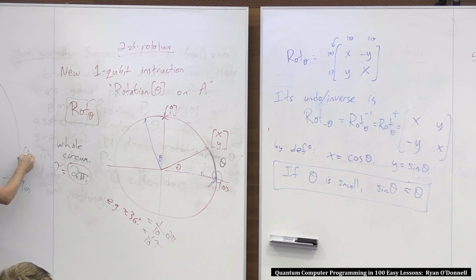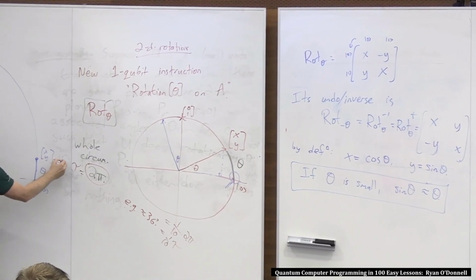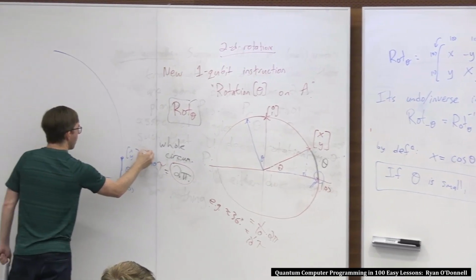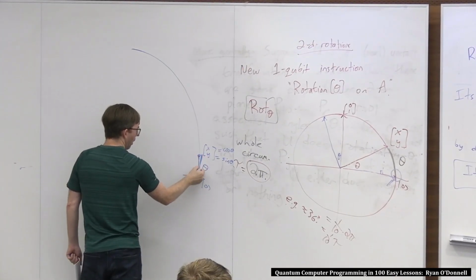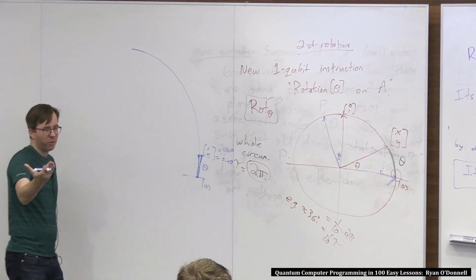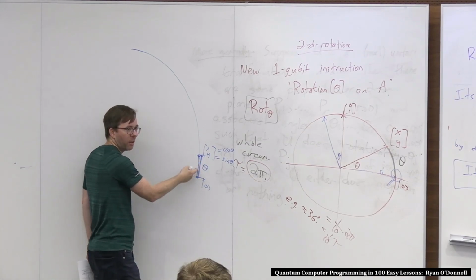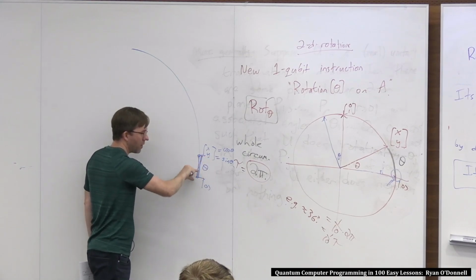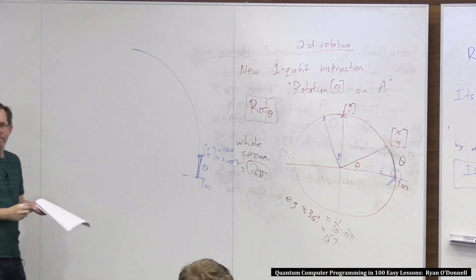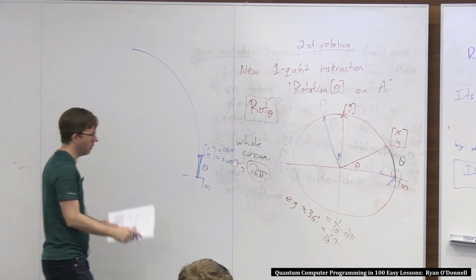This is x, y. And the y is sine theta. This is sine theta. This is cos theta. And y is also this height. You can't even tell the difference between this line and this line. They're basically the same. So this arc length is basically the same as its height if this angle is super small. So that's why that's true.